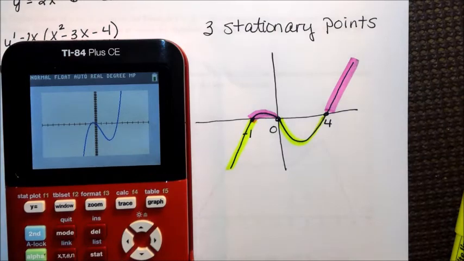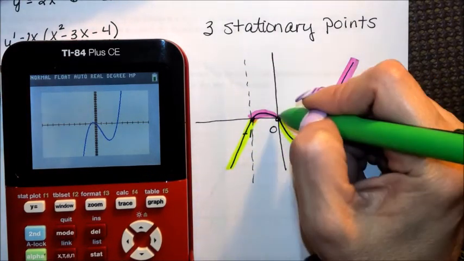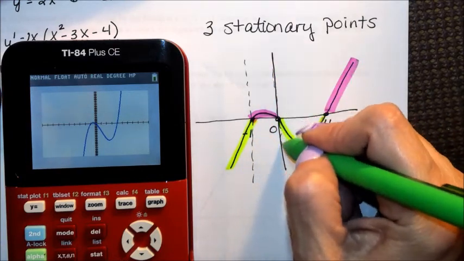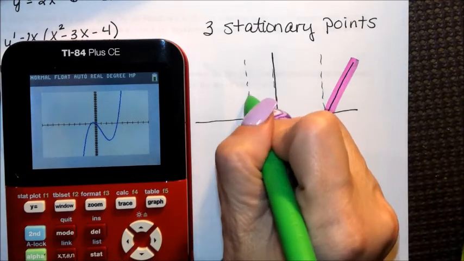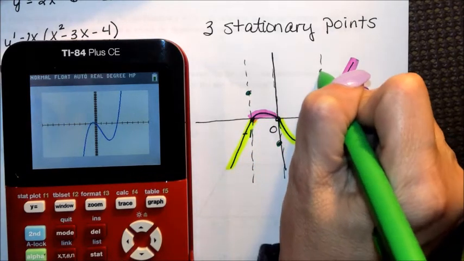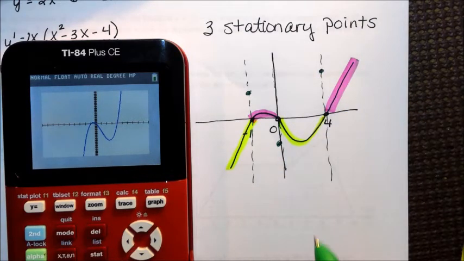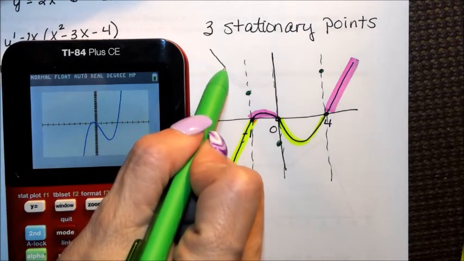If I were to sketch a rough graph, I know that these are my turning points. So I'm going to put 1, I'll put 0, and I'll put 4. I have no idea what this graph looks like. But I know it's decreasing, so it's coming down here.